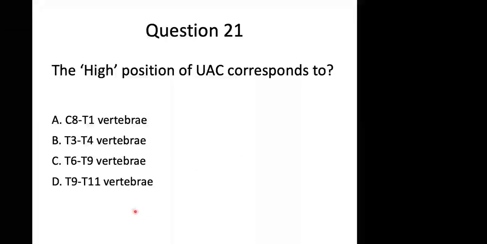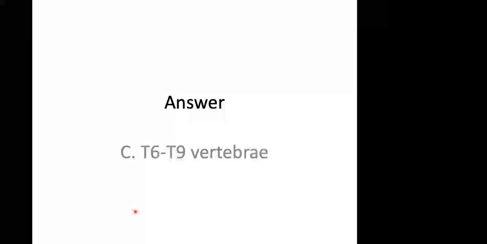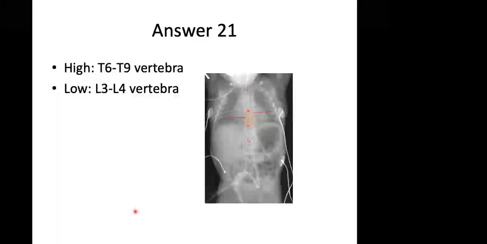Question number 21. High position of UAC corresponds to which vertebra? So high is T6 to T9. Answer is C. If you see the X-ray, this is the UVC and this is the UAC which loops down and goes up.